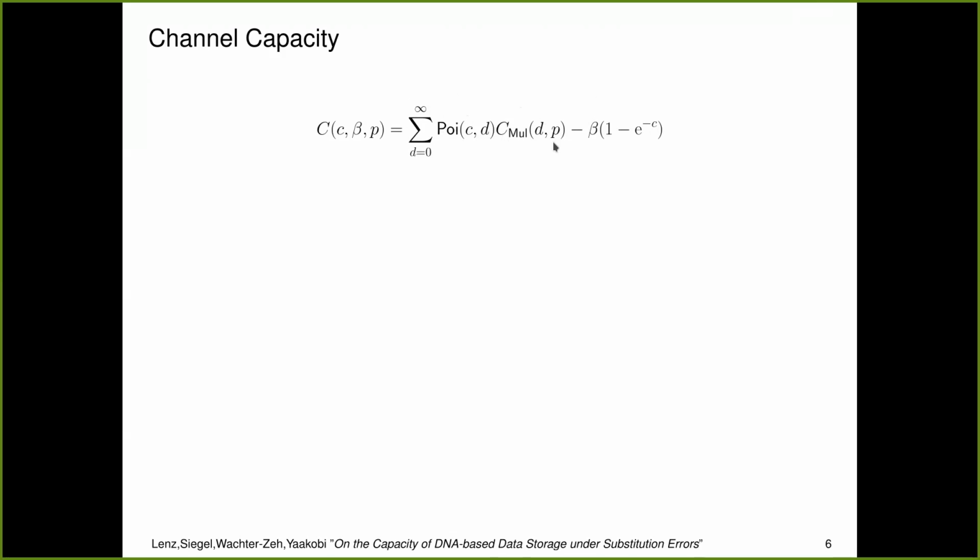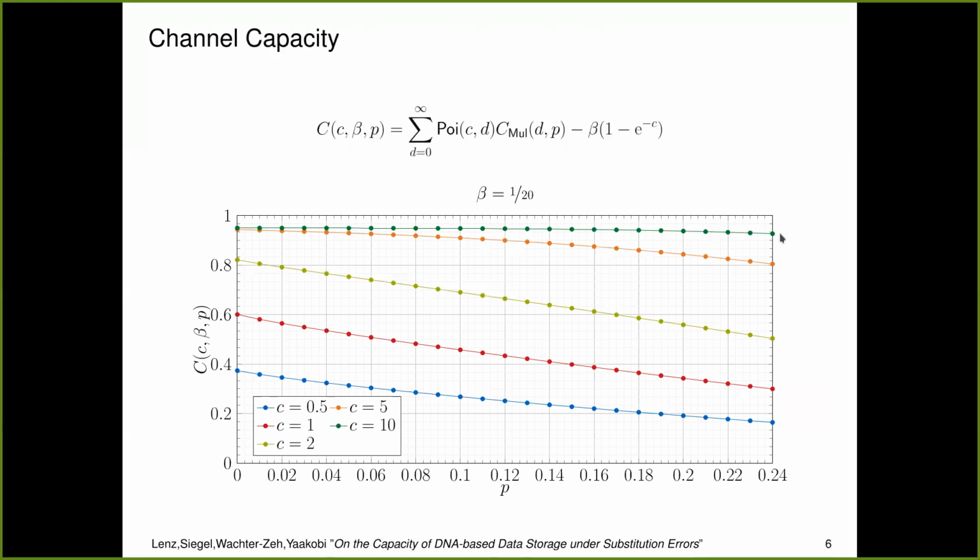Additionally, we have this rate loss term, which accounts for the randomness that we don't know at the receiver how to assign the output sequences to the input sequences. And if we plot this capacity over different channel parameters, we see that intuitively, the more sequences we draw, that means the higher C is, the larger the capacity becomes.